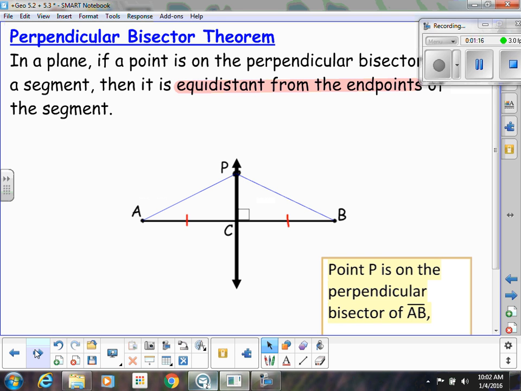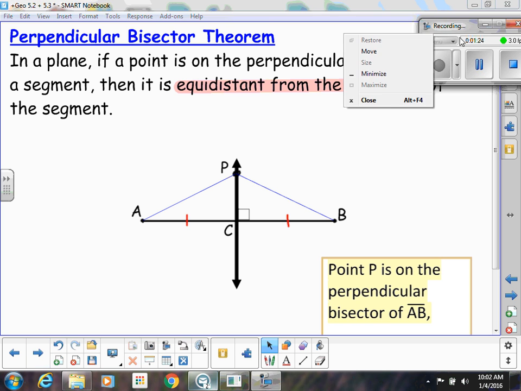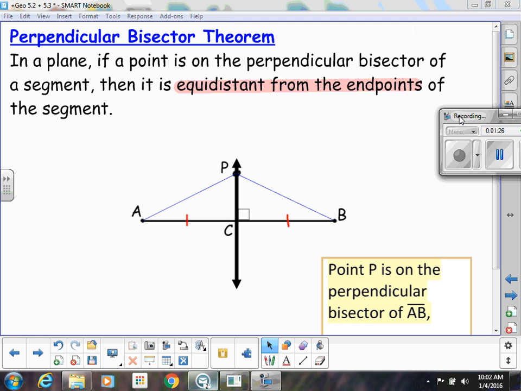So here's our perpendicular bisector theorem. In a plane, if we have a point on the perpendicular bisector of a segment, then it is equidistant from the endpoints of the segment. So notice that I have a point on this perpendicular bisector.